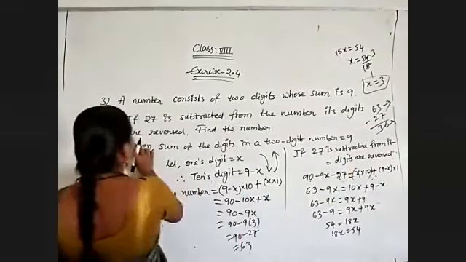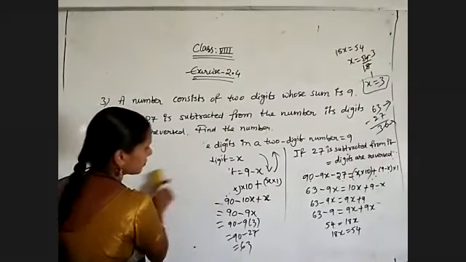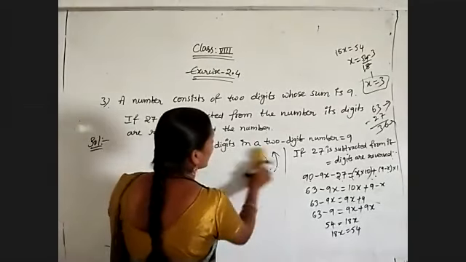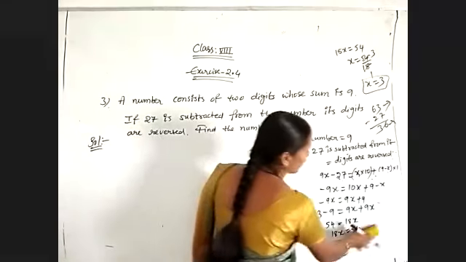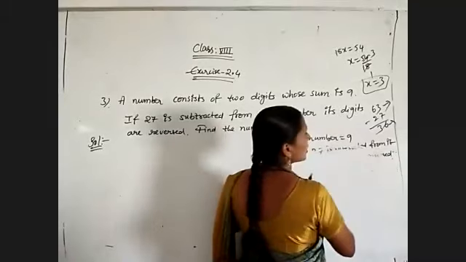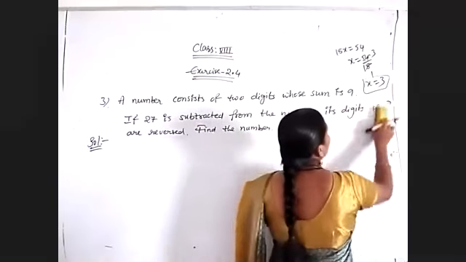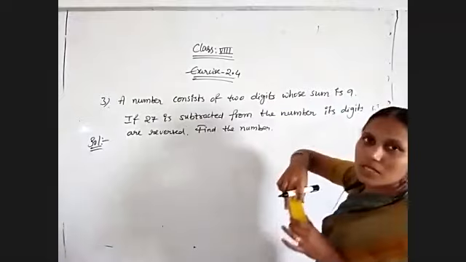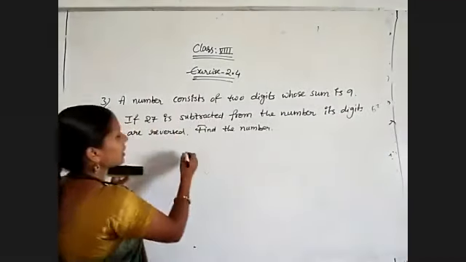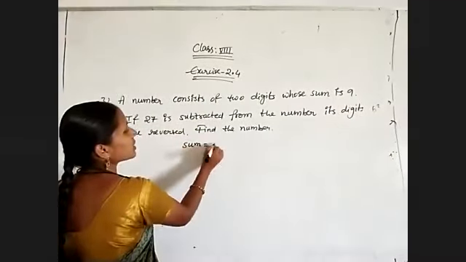So in general, suppose you are getting this question as an objective type, in that case, no need to do this much procedure. Logically, you need to simplify this question. How? They have given that the sum of those two digits is equal to 9.